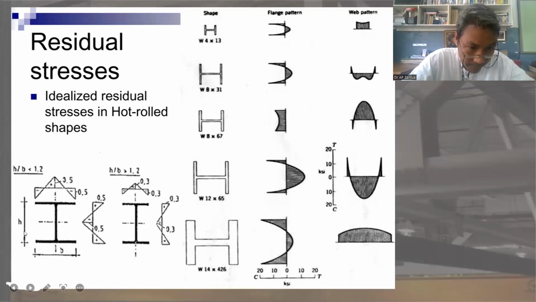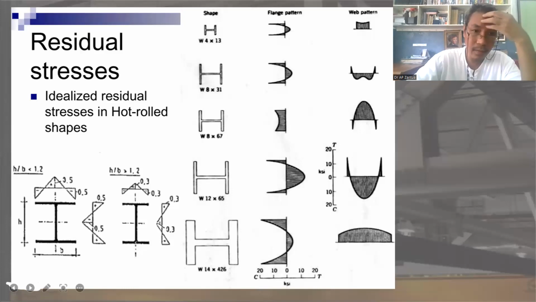H is the height, from this point to this point: the extreme fiber from the top flange to the extreme fiber of the bottom flange. If you have that value, divide it by B. What is B? The width of the flange.